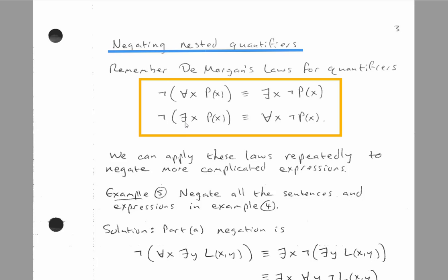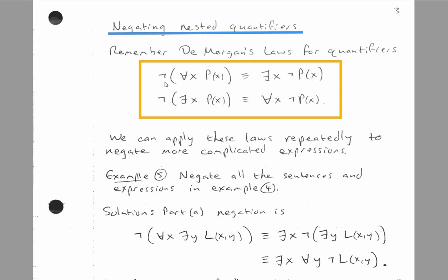And for negating an existence, that's equivalent to for all x, not p of x. So what happens if we have more than one quantifier? Well, you just keep applying this rule.